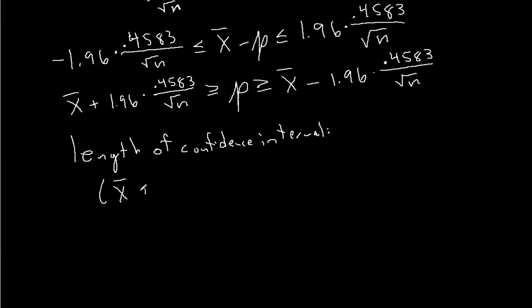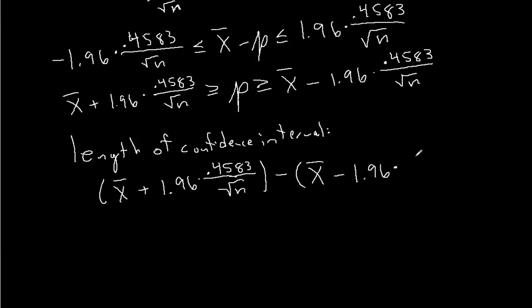It's x bar plus 1.96 times, put a dot there because it's traditional that if you put a fraction right beside a number, that means addition. And the strange thing is, if this is a variable instead, then it means multiplication, but we won't go into that. Okay, and we subtract these two endpoints to figure out how wide the confidence interval is.